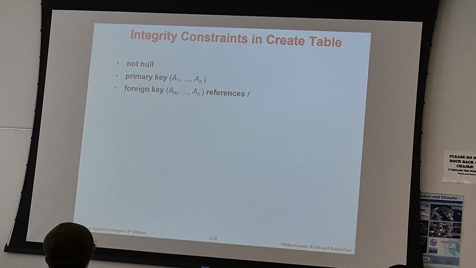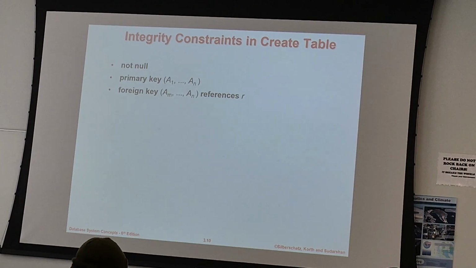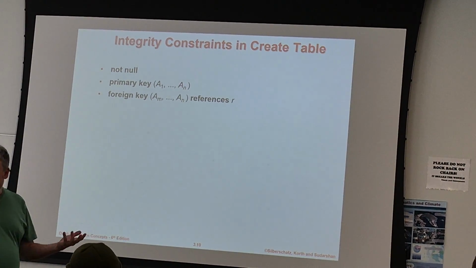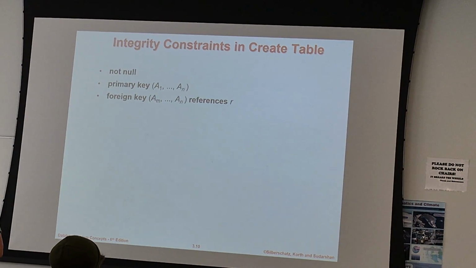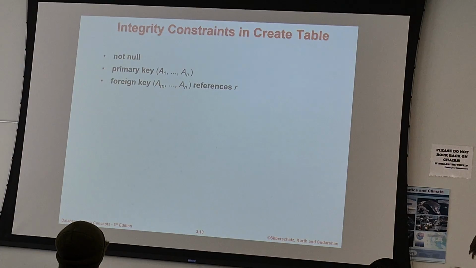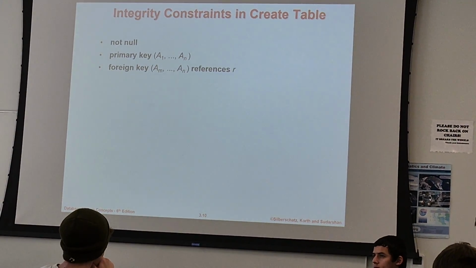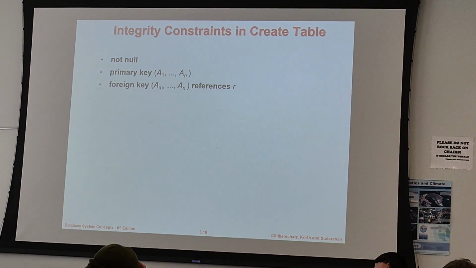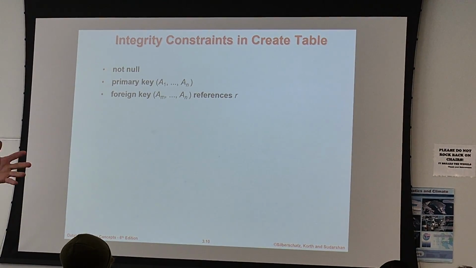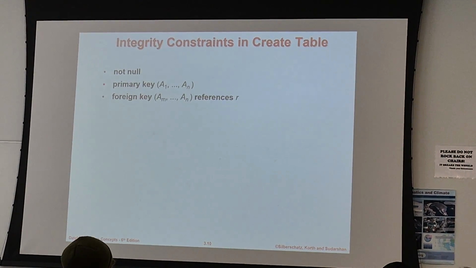And so, of course, you also tell the database when you're creating a table that has values from other tables. Why would you do that? Well, because what happens if the advisor table uses instructor IDs and student IDs, and then maybe an instructor gets fired or a student drops out or goes to another university?